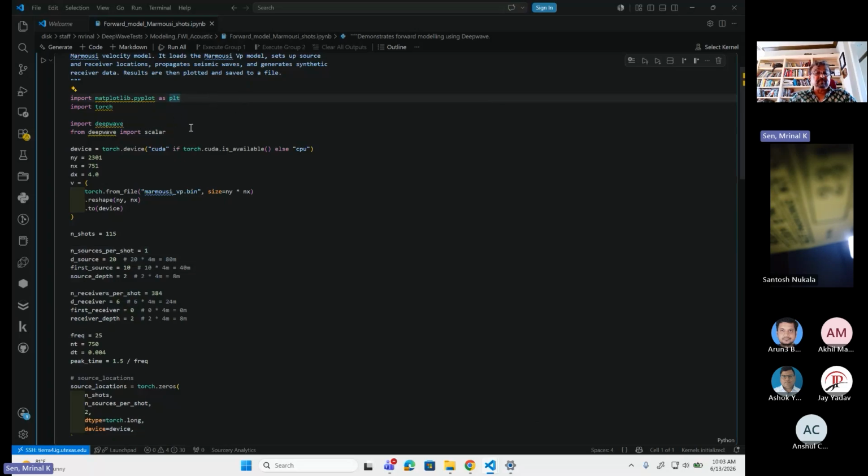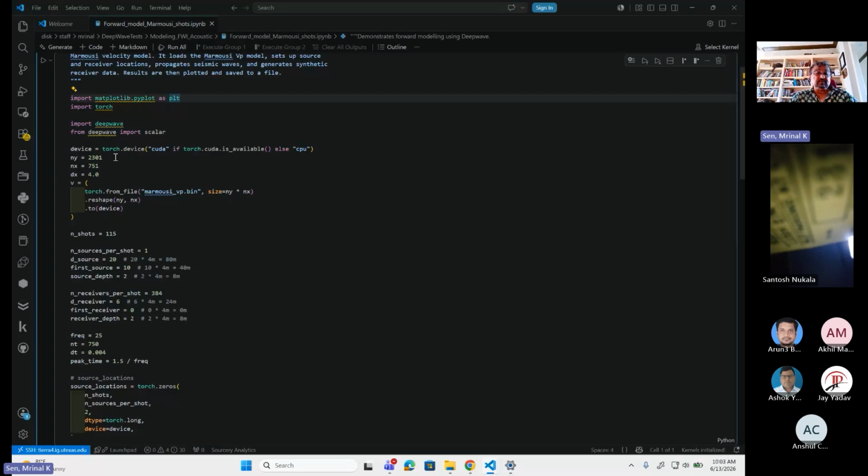So this is your torch library, Deepwave, and from Deepwave I'm importing scalar, which actually does the simulation. This is the part where you can choose to use either CPU or GPU. The machine I'm running it on has 4 GPU cards.